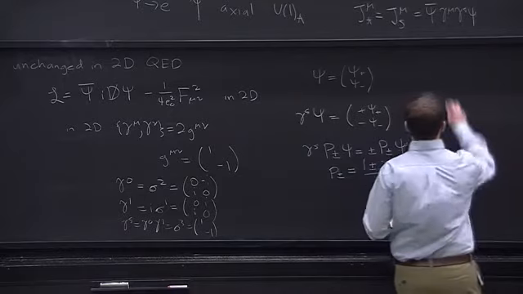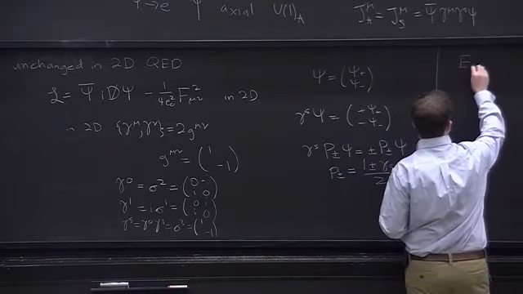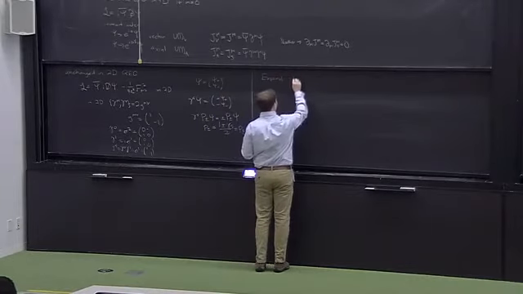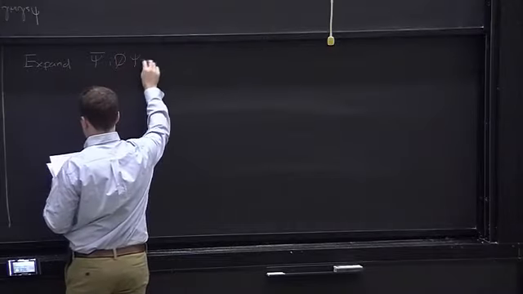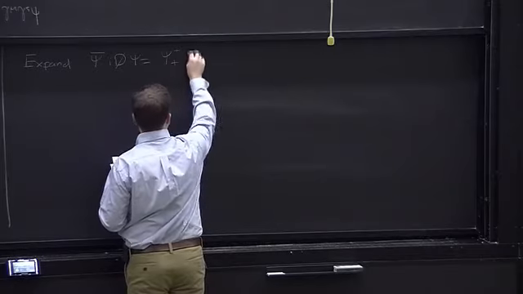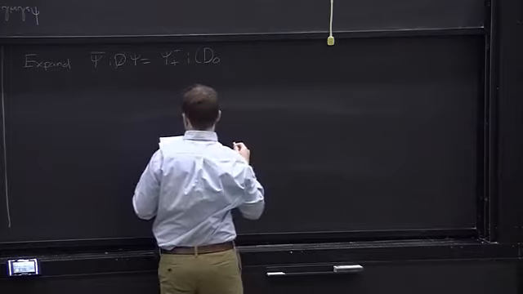So we can expand the fermionic part of the Lagrangian. If we do that, what we see is that there is no mixing between psi plus and psi minus.